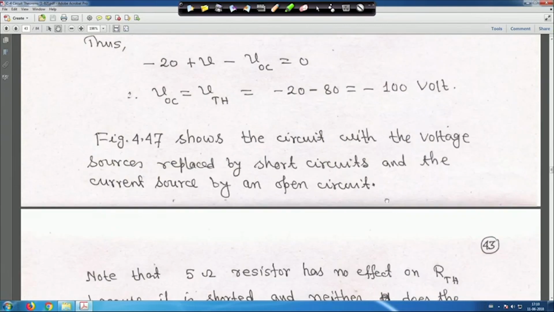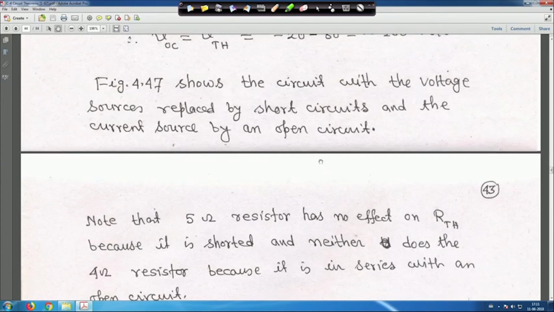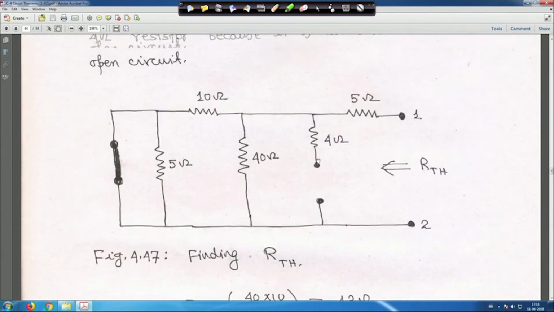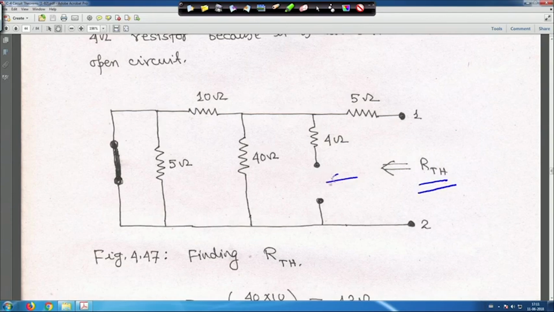Now, figure 47 is the circuit with the voltage sources replaced by short circuits and the current sources by open circuits. There was a current source here, because we have to get R Thevenin. So, this current source is open and this voltage source here is short circuited. There will be no effect for this one, it is completely isolated.